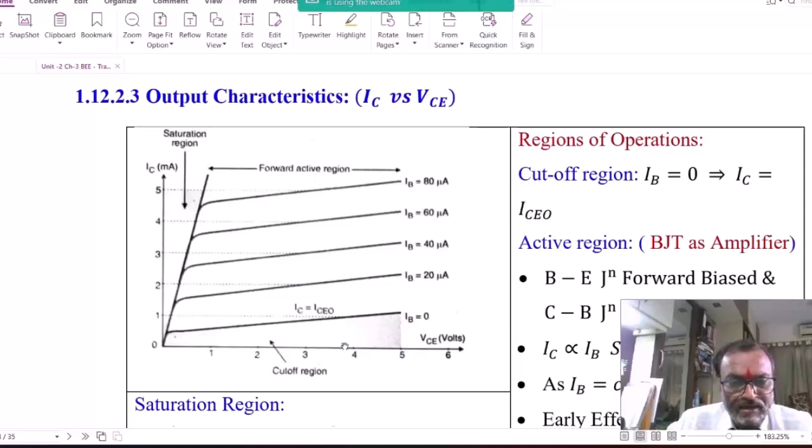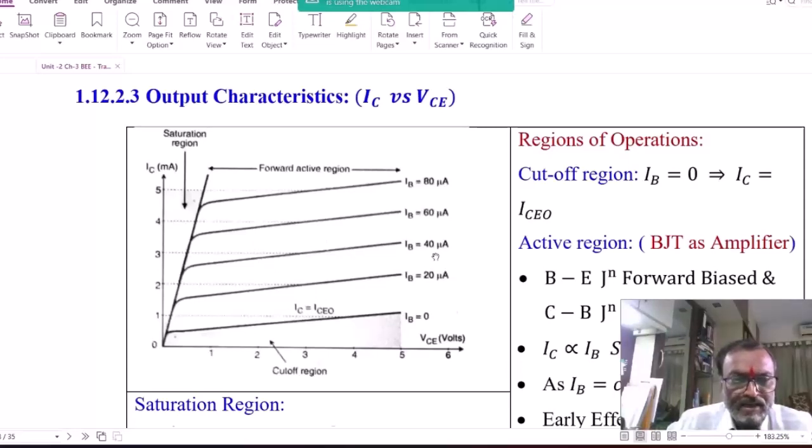In cutoff region, the device is off. In saturation region, the device is fully on and it acts as a switching device. Whereas in linear region, the collector current is proportional to the base current, the input current, and therefore the device provides a collector current which is proportional to IB.